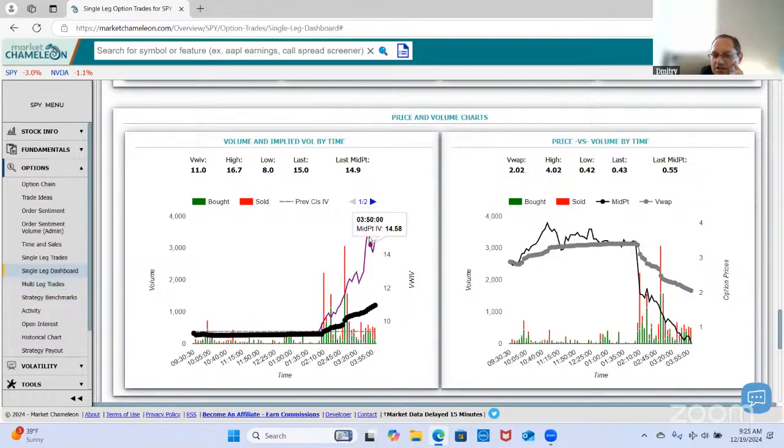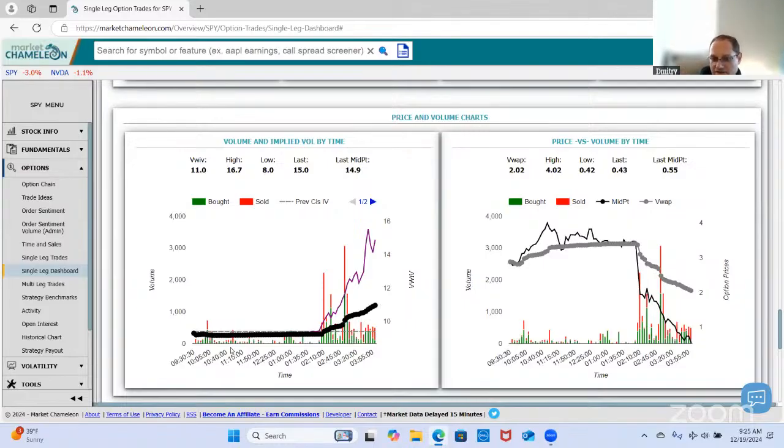This solid line here shows the implied volatility of that option's midpoint. So as the option is moving, we're tracking the midpoint, and this other solid line is showing the VWAP traded implied volatility.